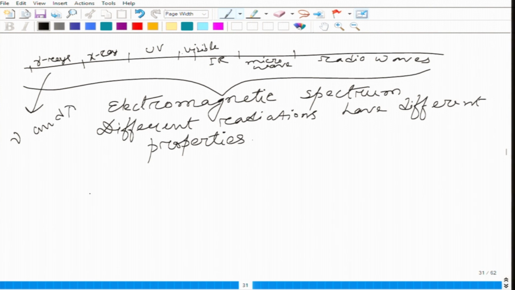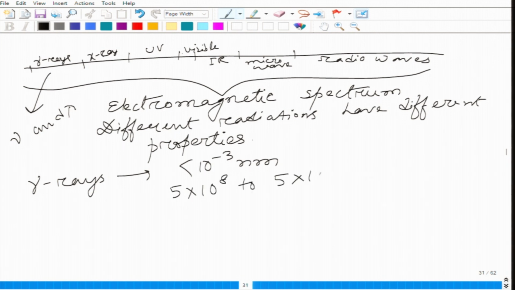Okay, so let's start with gamma rays. Gamma rays have a wavelength less than 10 to the power minus 3 nanometer, and the frequency ranges from 5 into 10 to the power 8 to 5 into 10 to the power 22 Hz. This is the range of gamma rays.